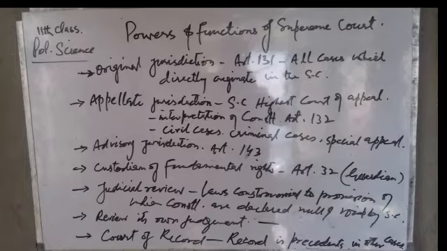For example, dispute between central and state governments, or disputes between state governments and the cases related to violation of fundamental rights. This is the original jurisdiction of Supreme Court.